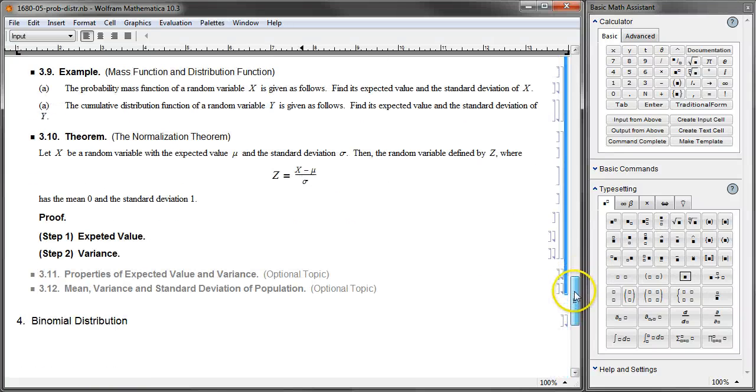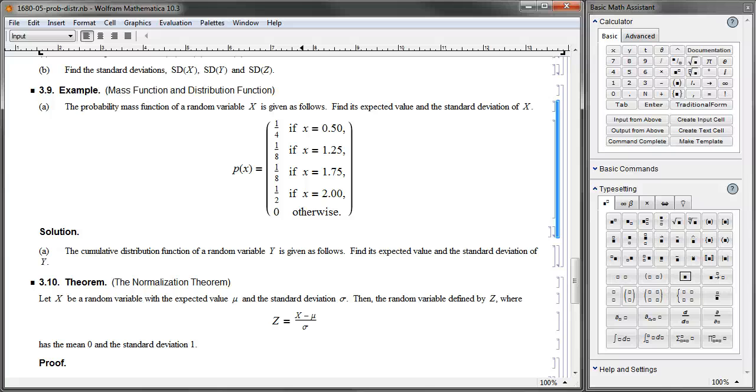Okay, for the computation, let's consider expected value and standard deviation of a certain random variable when a mass function is given. This is going to be easy. Why?